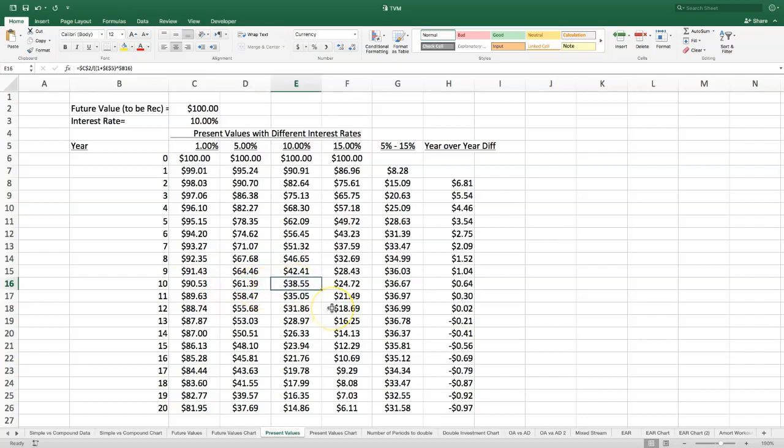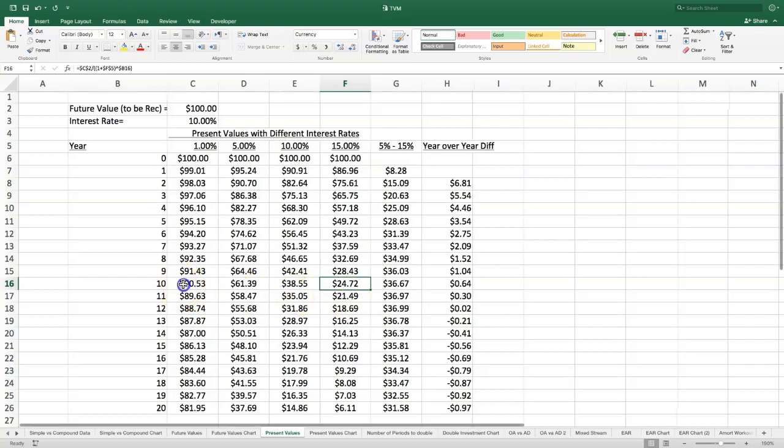If our discount rate is 10%, the present value of $100 to be received in 10 years is $38.55. And if our interest rate is 15%, the present value of $100 to be received in 10 years is $24.72.